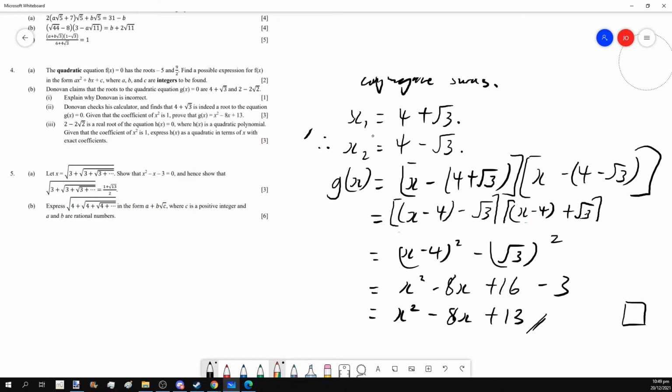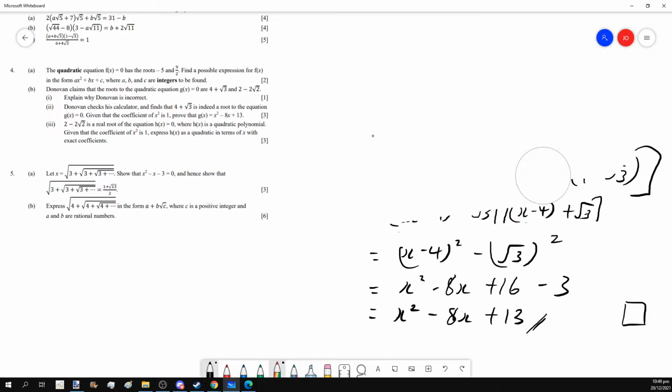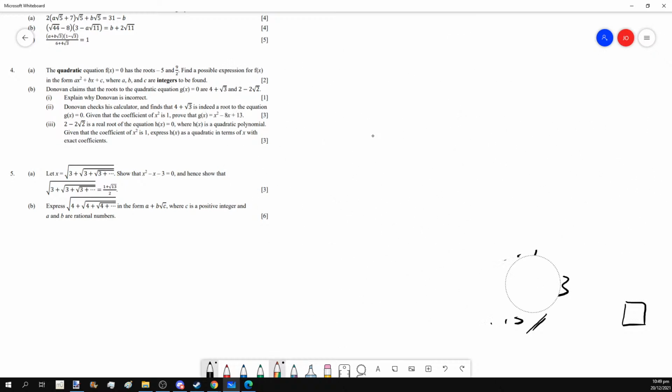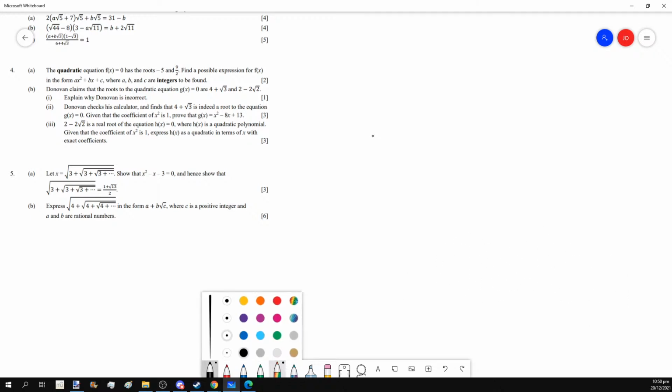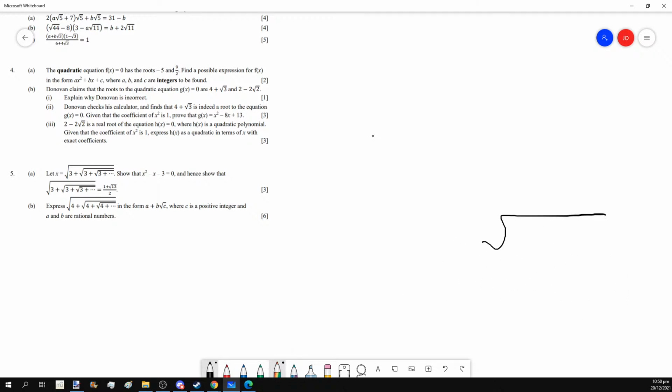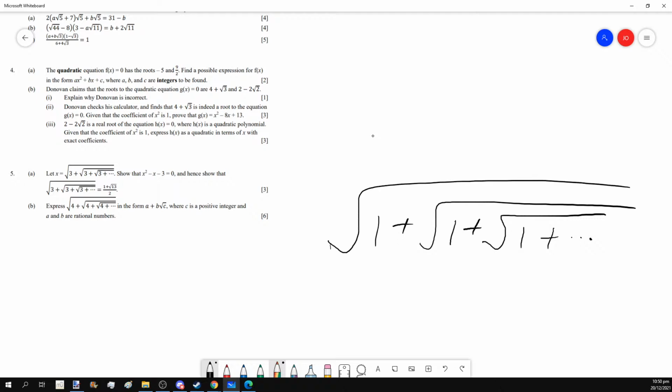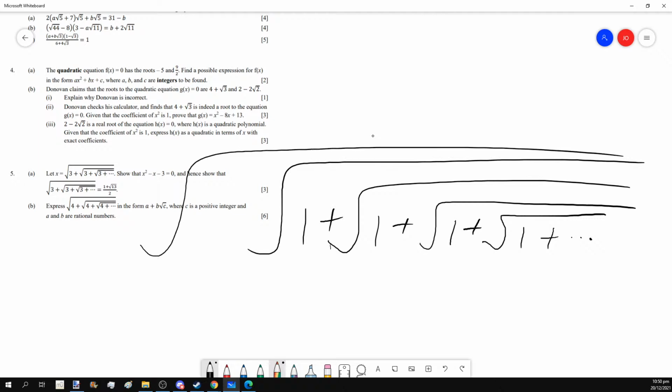And let us move on to the last question of the day, which is a funny one. Over here, we have a concept of something known as nested surds. In other words, there is a surd that is nested inside another surd, that is nested inside another surd, able to go on over and over.